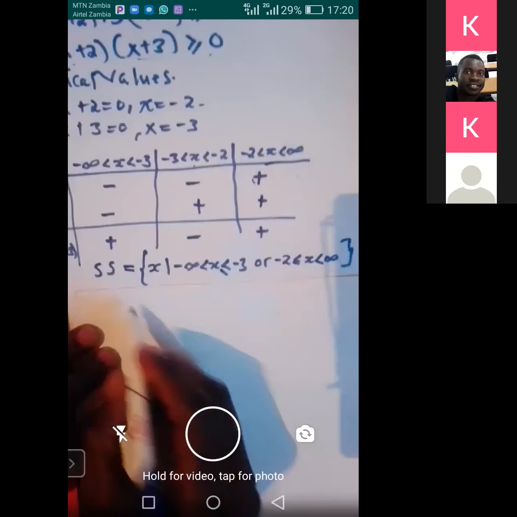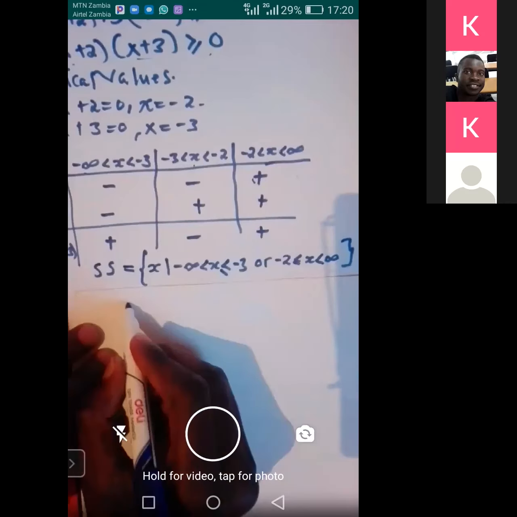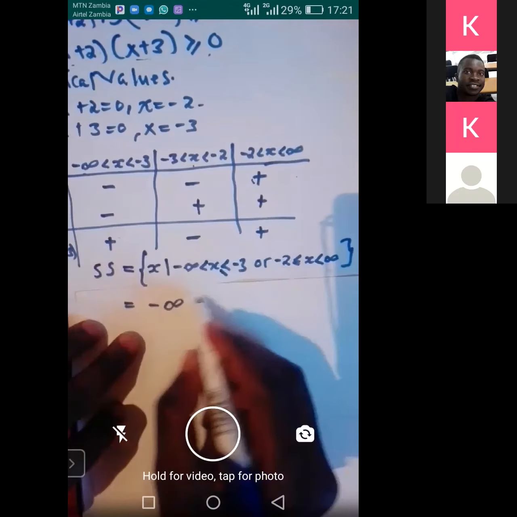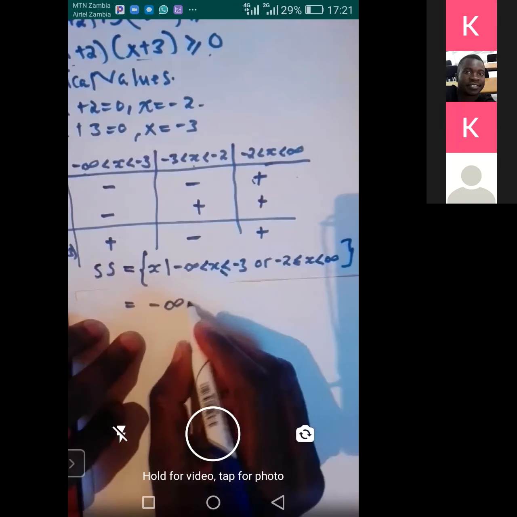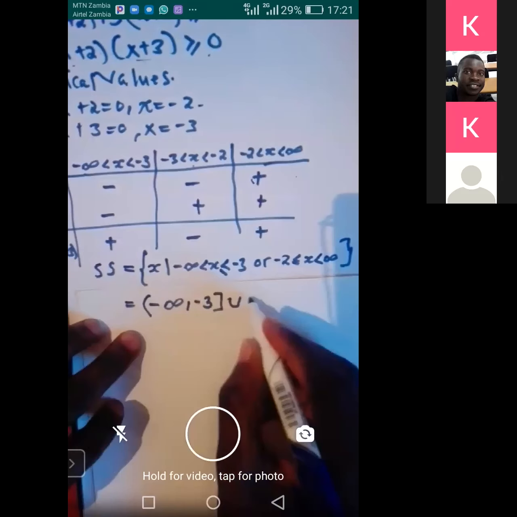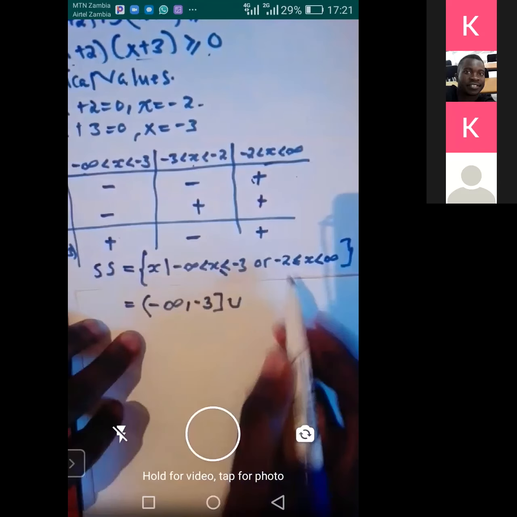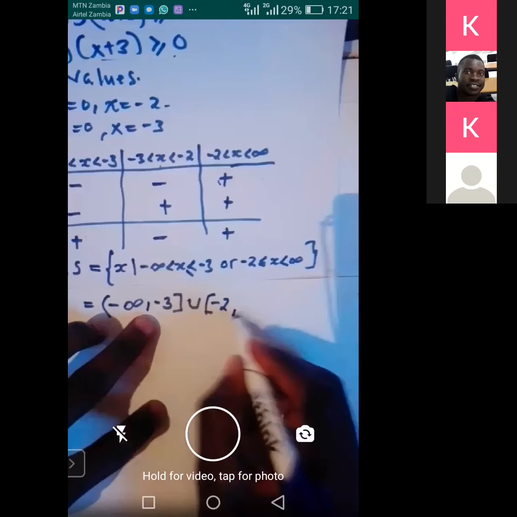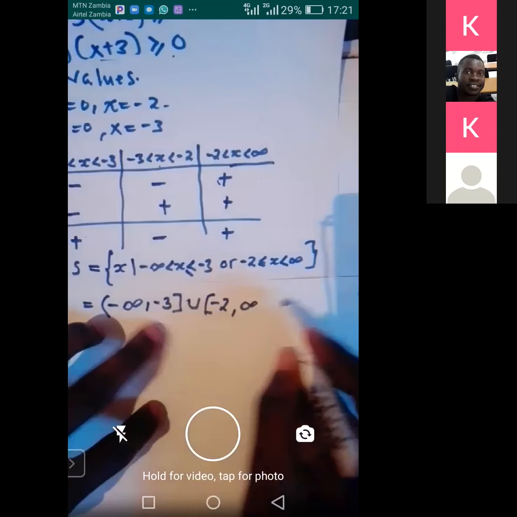All this solution set here is the same as, so you have this interval here where that inequality is holding all the way up to -3, then union this one here. So this one, -2 inclusive, all the way up to positive infinity.